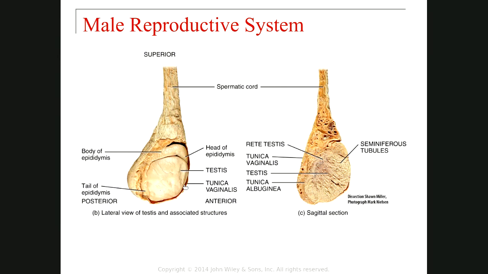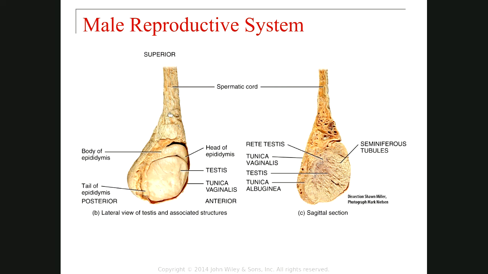And here you can see the testis, and on top of the testis you have the epididymis. As you see in this picture, it's a comma-shaped tube. We have the head, body, and tail of the epididymis, and after the tail, the vas deferens starts. The vas deferens starts to come up.